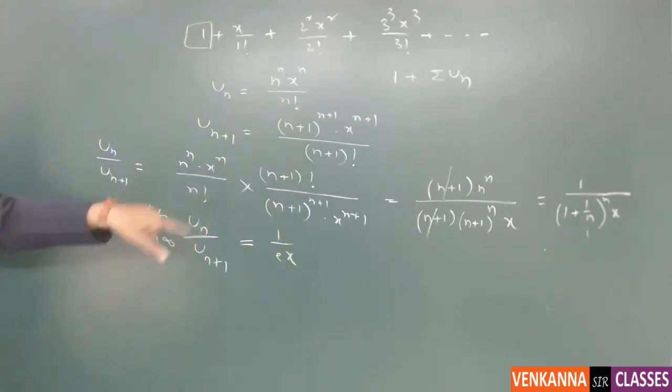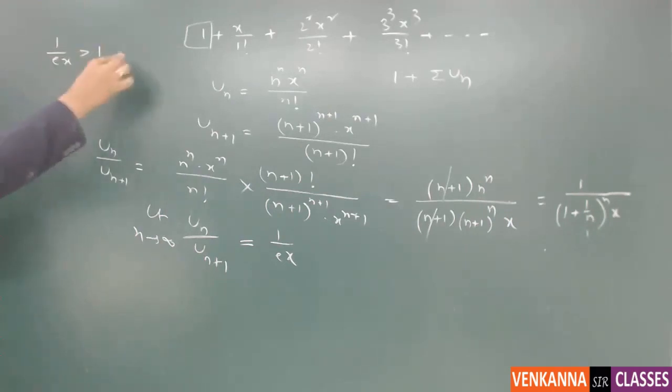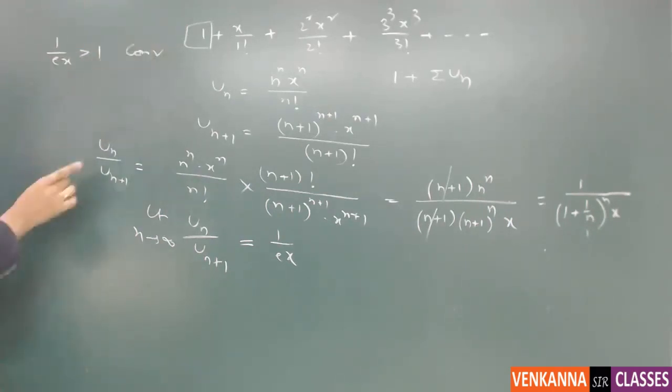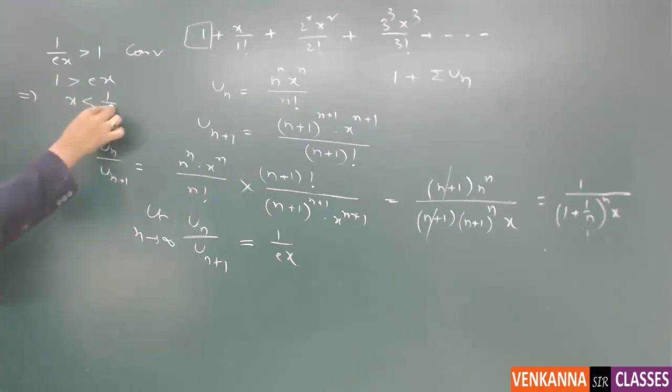Now based on this limit, we are going to say whether the given series is convergent or not. Now how does the situation come? If 1 by e^x is greater than 1, convergent. It means that 1 is greater than e^x, implies that x is less than 1 by e. Accepted?